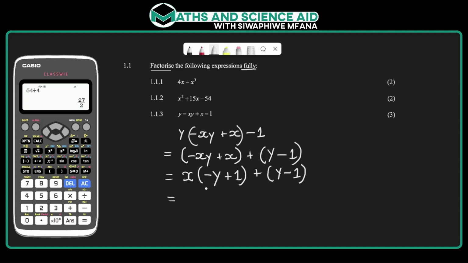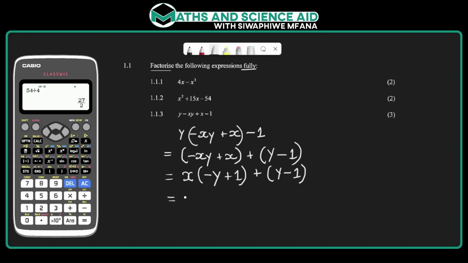And now again, you will notice that what we have inside this bracket is similar to what we have inside this bracket. The difference is the signs of the terms only. Here we have positive y, but here we have negative y. We have positive 1, we have negative 1. And again, in order to make these look the same, we can take the negative or negative 1 out as a common factor.